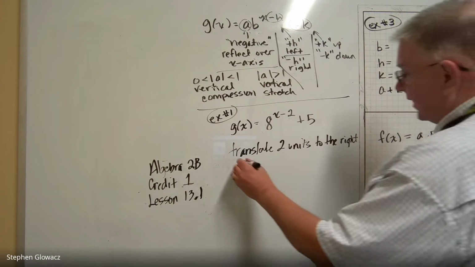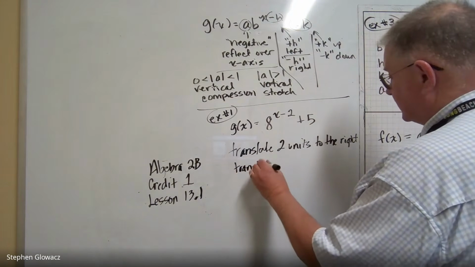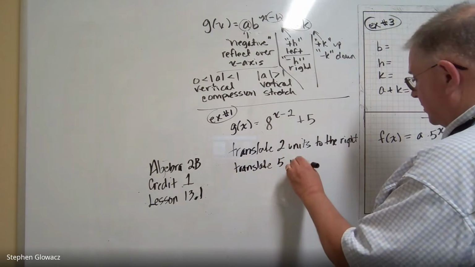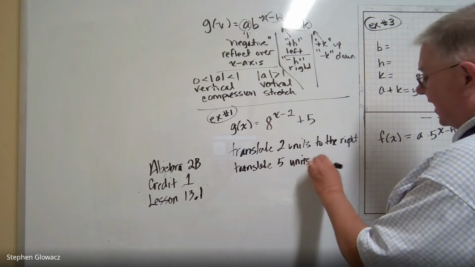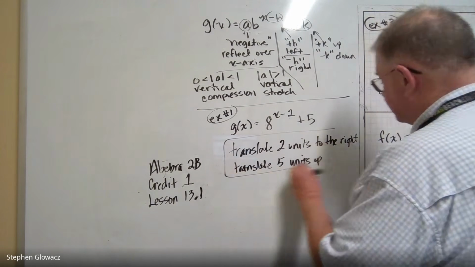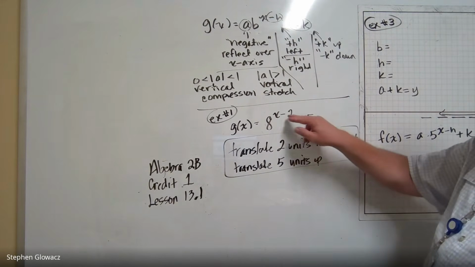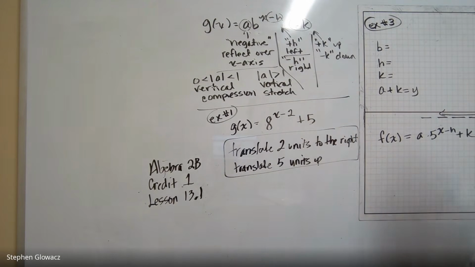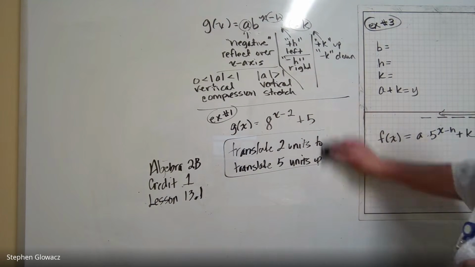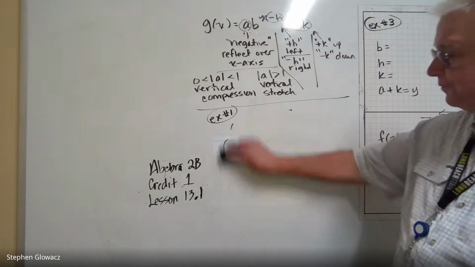So that's going to translate the graph 5 units up. And that's it. Those are the 2 transformations created by the minus 2 and the plus 5. All right, let's take a look at an example for problem number 2.